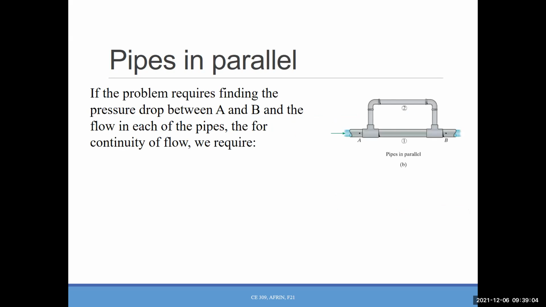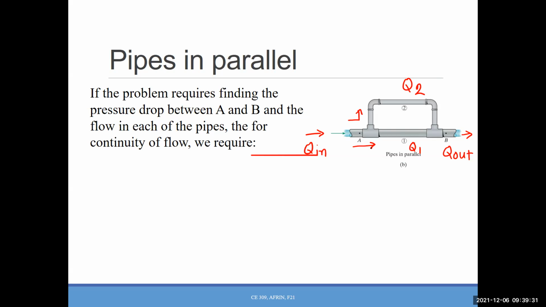Now pipes in parallel. Here, again, the Q in and Q out. This one is Q1, Q2. Now what will be the relation between Q in with Q1 and Q2? Flow is going through this way.